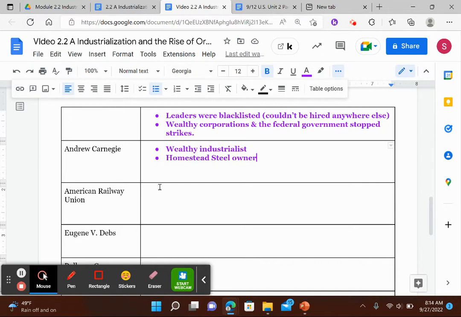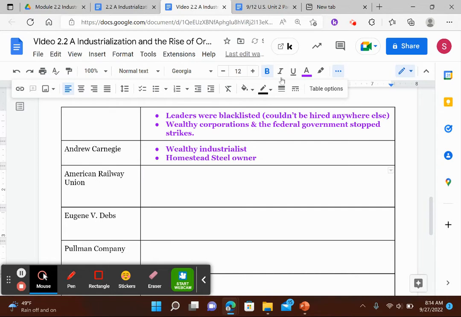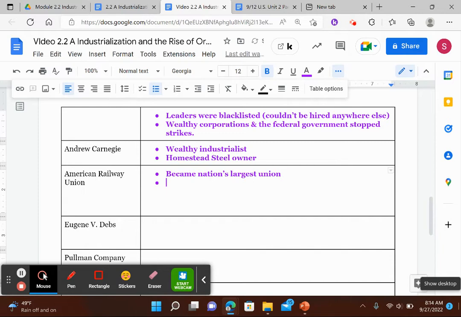Okay, so the American Railway Union. So, founded in 1893, became the nation's largest union. Railway workers were represented.